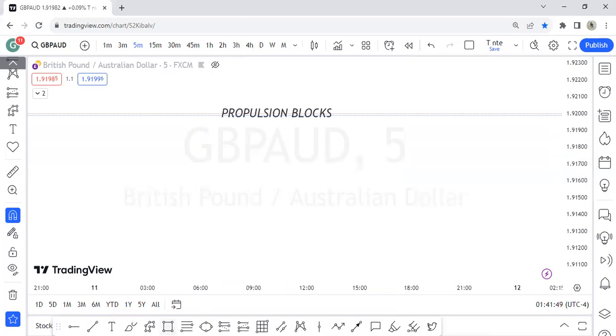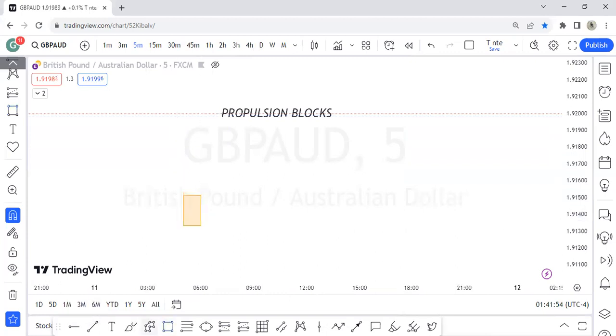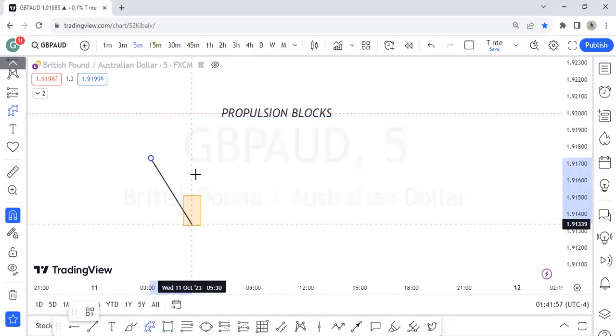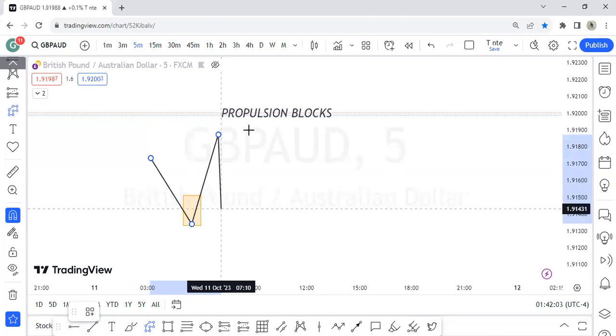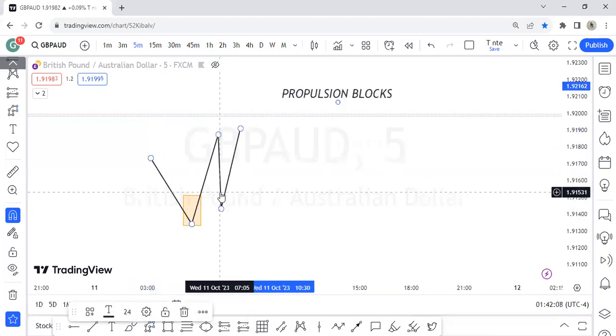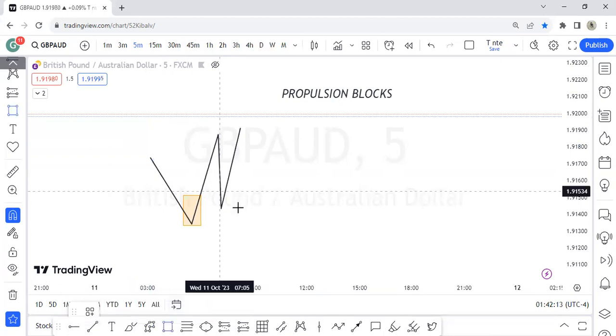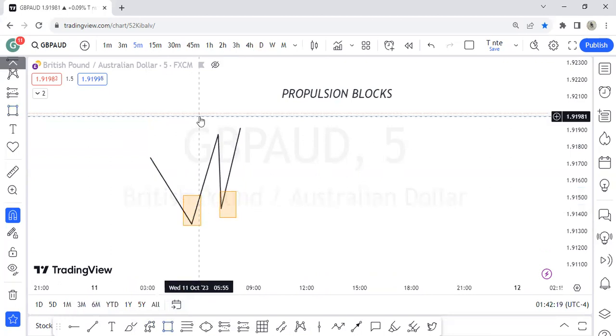So let us explain. Let's say that we had an order block here. The market came into the order block, creates another block, then comes back and tests it, and then maybe we buy here and make a new high. Now, this candle that tapped into the order block is what we refer to as a propulsion block. A propulsion block is a candle that taps into an order block and propels price higher.